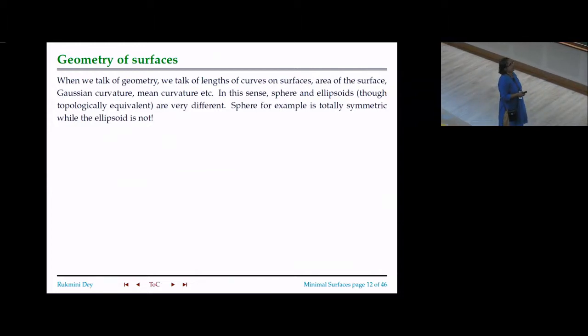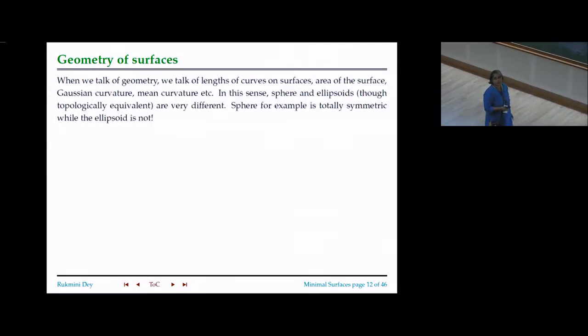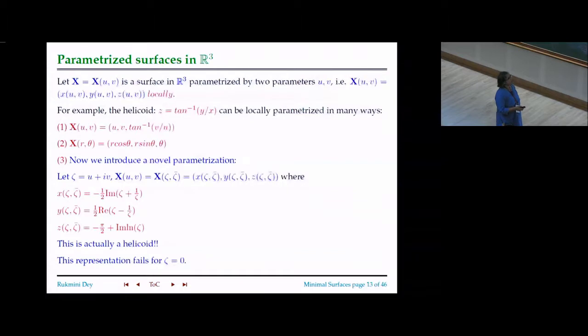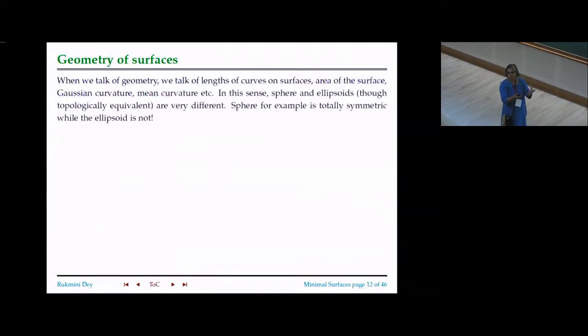This is what I am heading at today, the geometry. For example, a sphere and an ellipsoid are topologically equivalent, but geometrically they are very different, because the sphere is totally symmetric and the ellipsoid is not. This is already a point of difference.